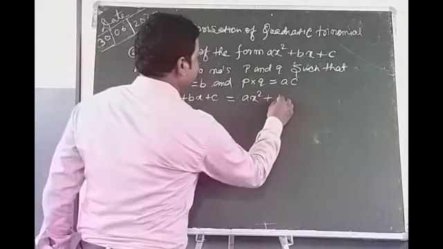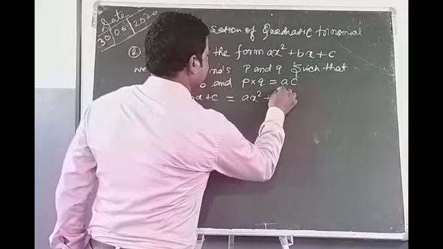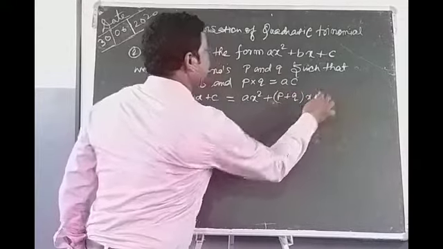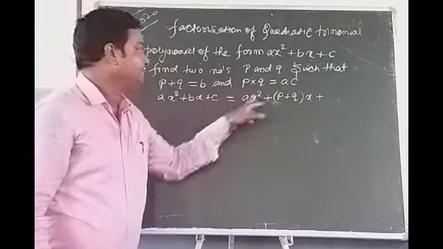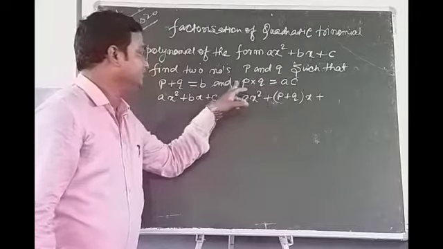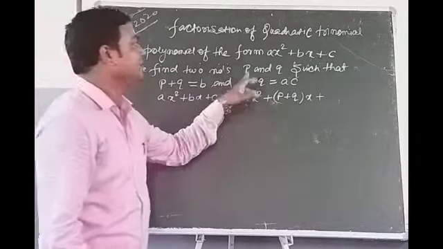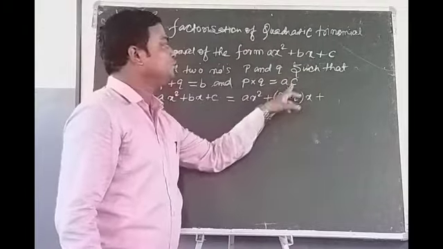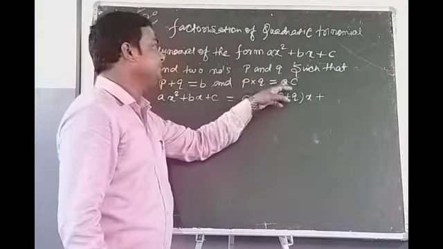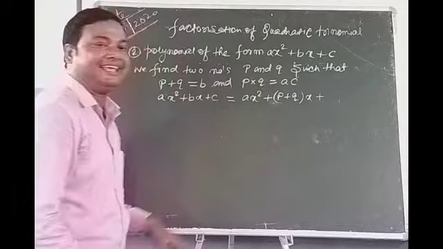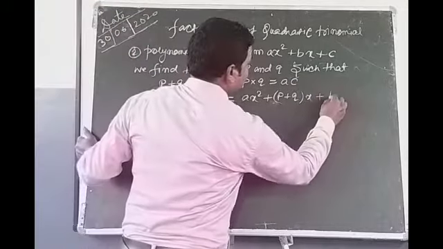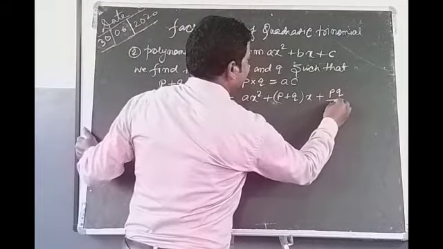So (p plus q) into x plus, now what is here? c. Once again, the sum is b and the product is a into c. So in place of c, we should write pq by a.